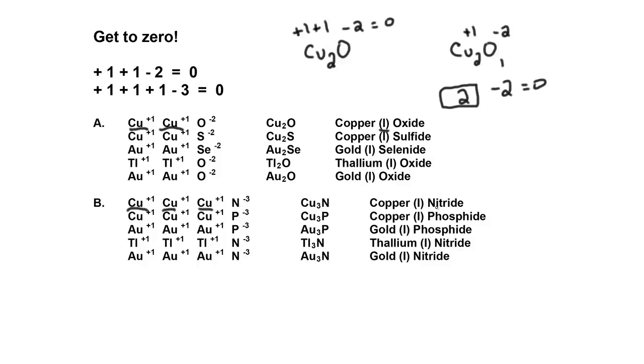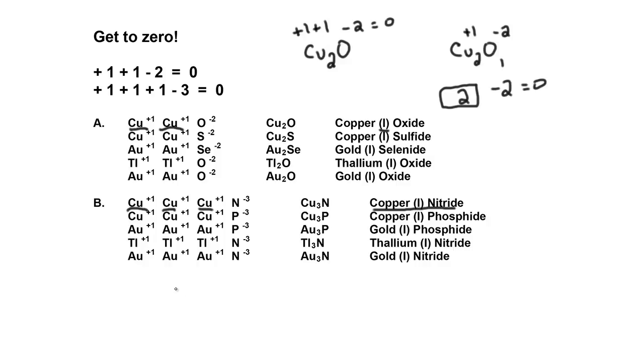Copper 1 nitride. Everything else is exactly the same. So go back through copper 1 phosphide, gold 1 phosphide, thallium 1 nitride, gold 1 nitride. Everything else is exactly the same. But what about naming? Let's try it.